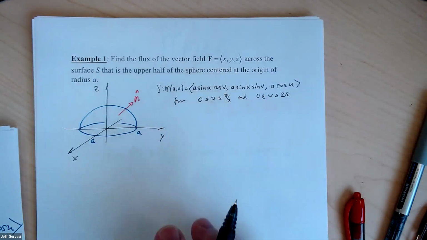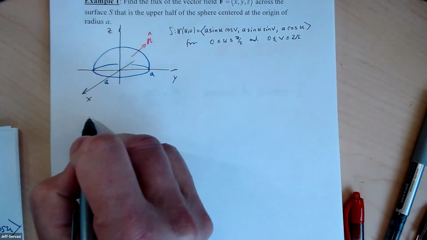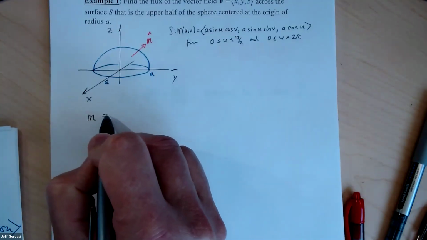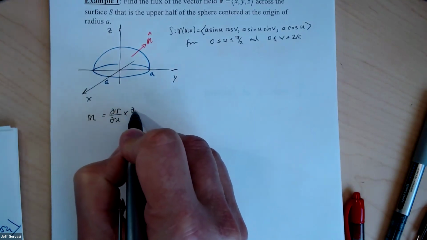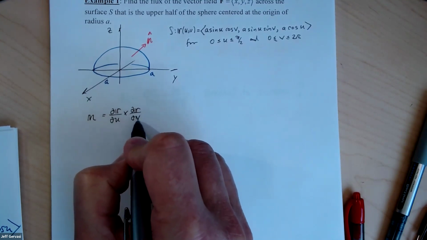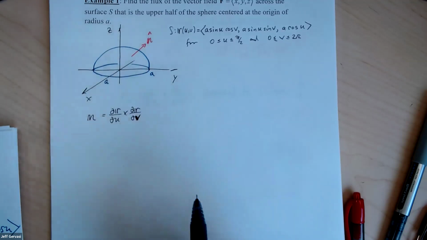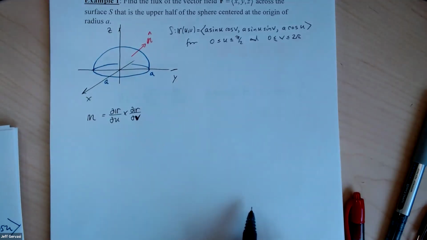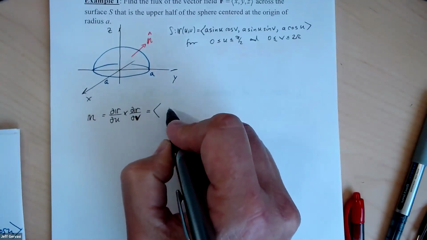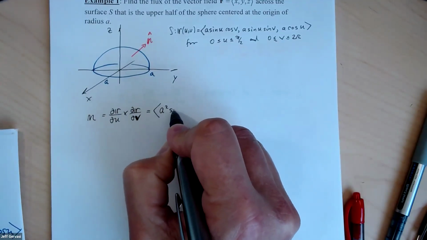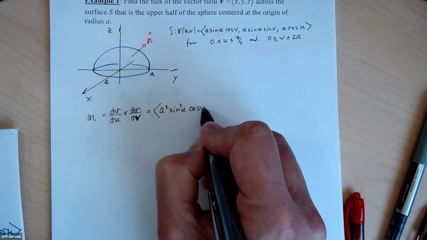Now, my normal vector N is this cross product. I have to take these partial derivatives of r with respect to u and with respect to v. I'll have you verify we should get the following.